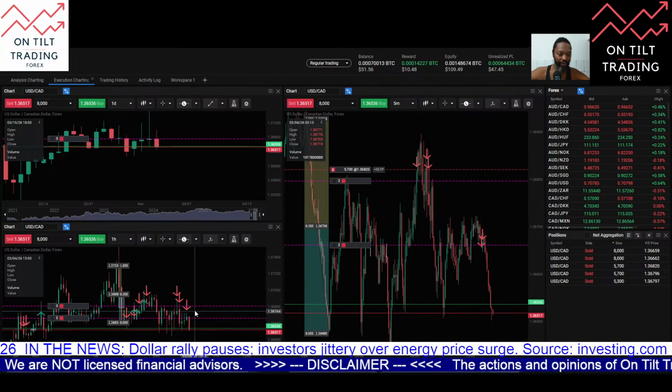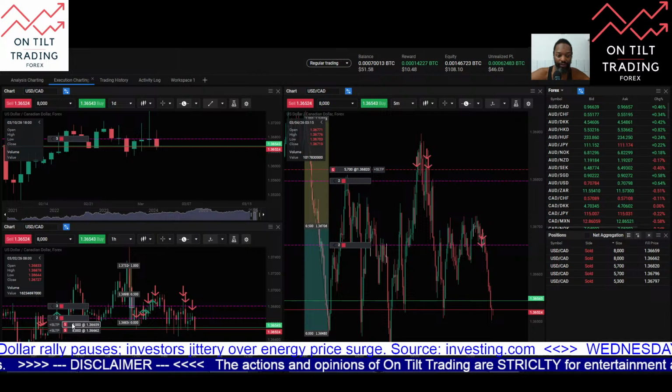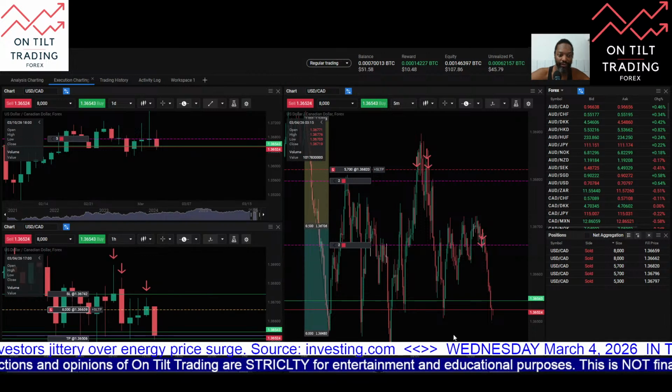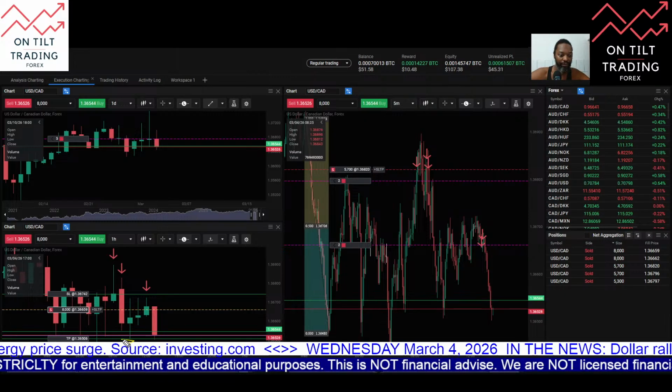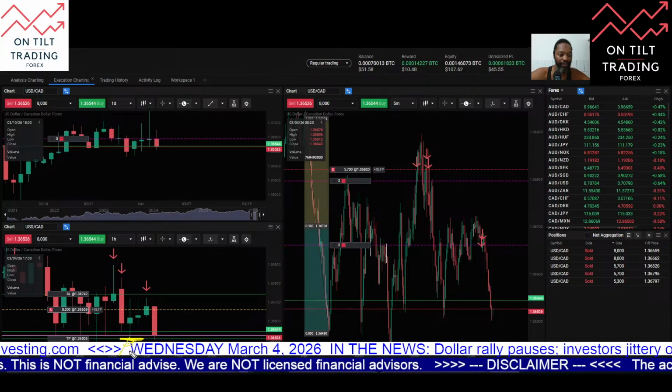So for a first target, these two positions right here are pretty much identical, just targeting this swing low down here. This recent swing low, there's going to be some sell side liquidity down here.